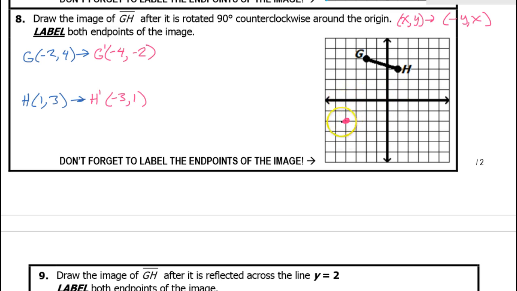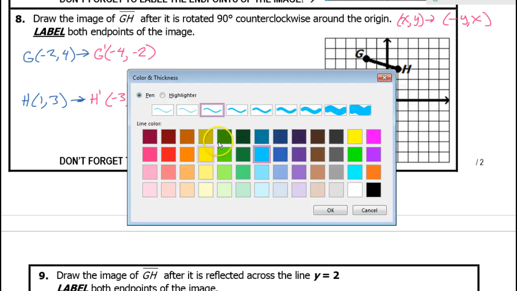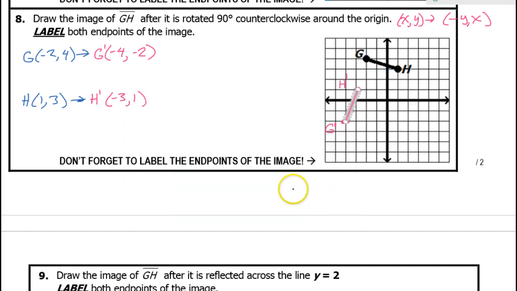So this should be G prime right here. And then (-3, 1) would be right here, and that's going to be our H prime. Okay, so that's how you would do it algebraically.